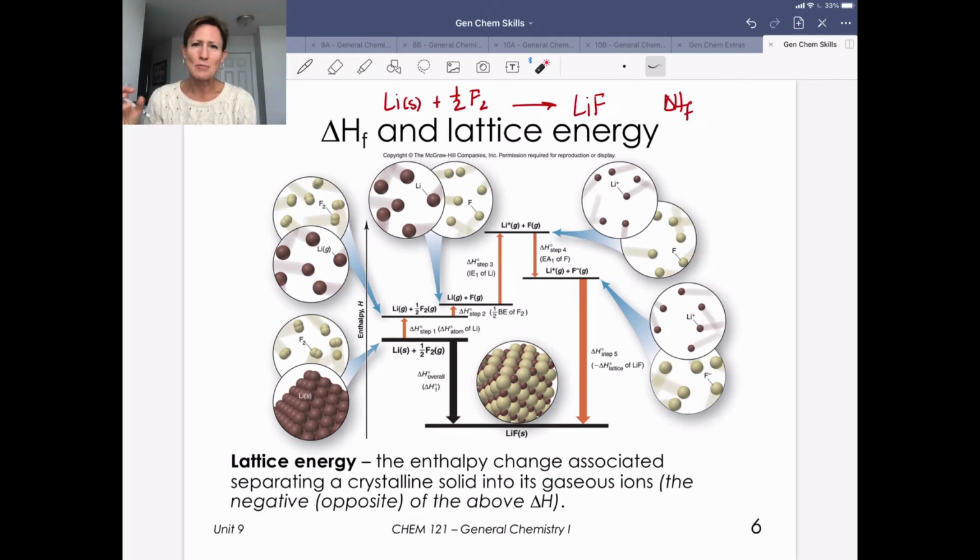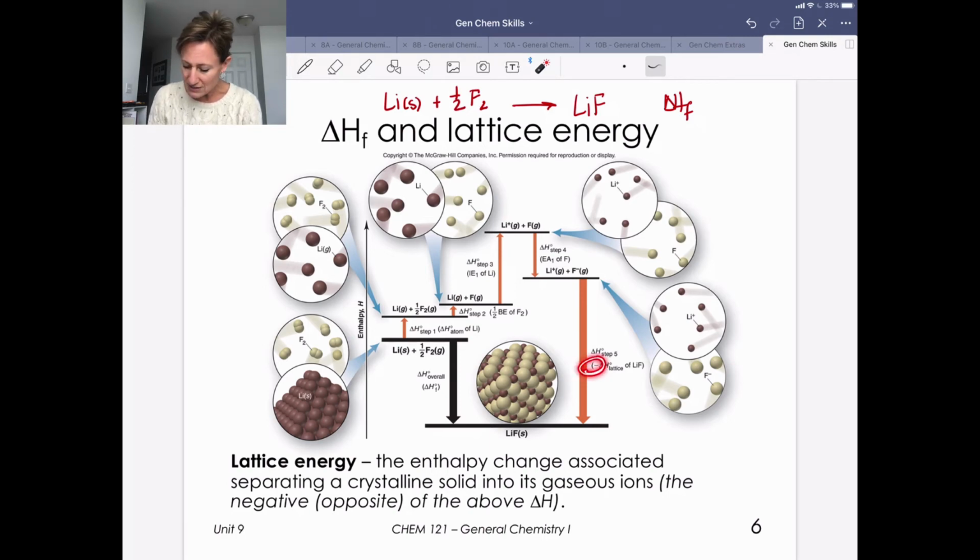And I don't need you to remember exactly what went on here. It was a good opportunity to review some of the concepts that we've talked about, whether they're ionization energy or electron affinity. But this is the important piece that we want to talk about here. Lattice energy. Lattice energy is the energy associated with separating a crystalline solid into its gaseous ions.